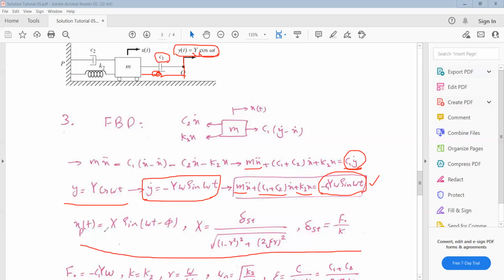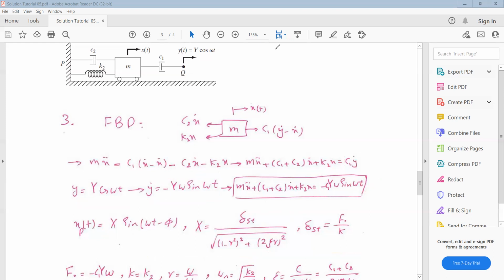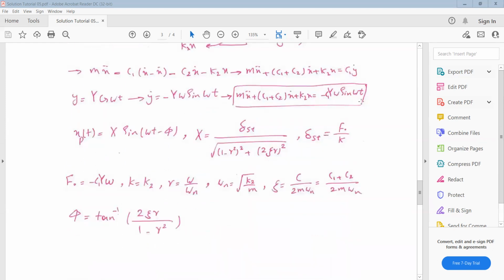As you can see, the response is uppercase X times sine(omega t minus phi), where omega is the frequency of the excitation, the same as here, and phi is the phase angle. Here we have damping, so the phase angle is not zero, and we can calculate the phase angle and X. So this is the response of this system.